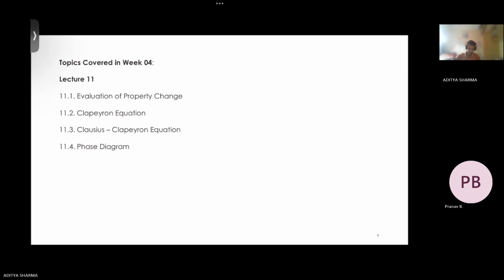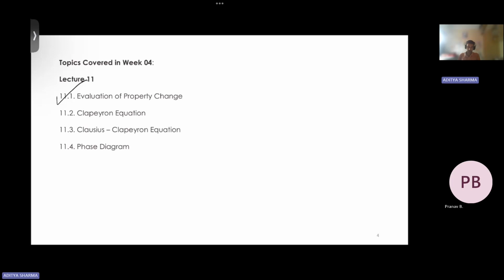So, as the first topic suggests, we want to evaluate the property change. So, when there is a phase change, the properties linked, right, to the change of state. So, evaluation in that context, we shall be doing in this particular lecture.